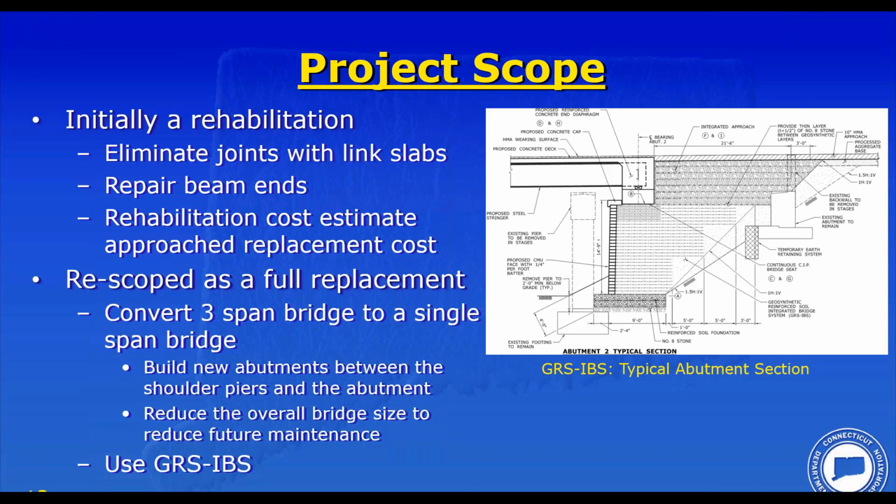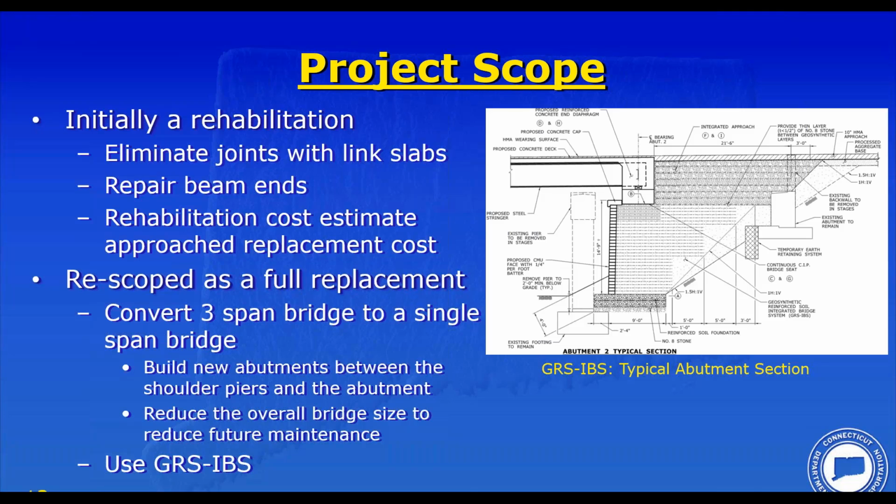Okay. Do you think the decision not to use ABC would have driven the abutment here? What do you think? I think the answer to that, Paul, is it depends on what you ended up doing. If you were not using GRS IBS, it would affect the construction time. It would affect a lot of the factors that go into the matrix.